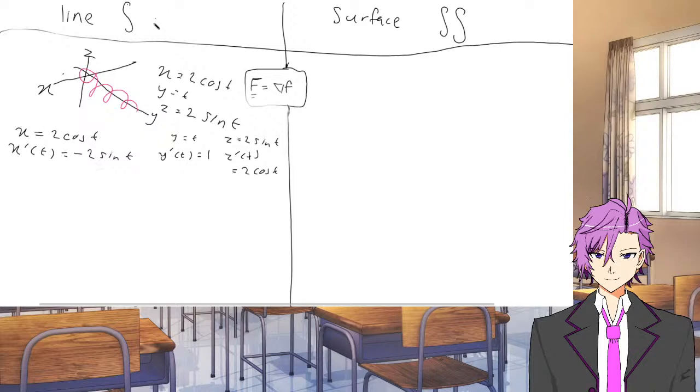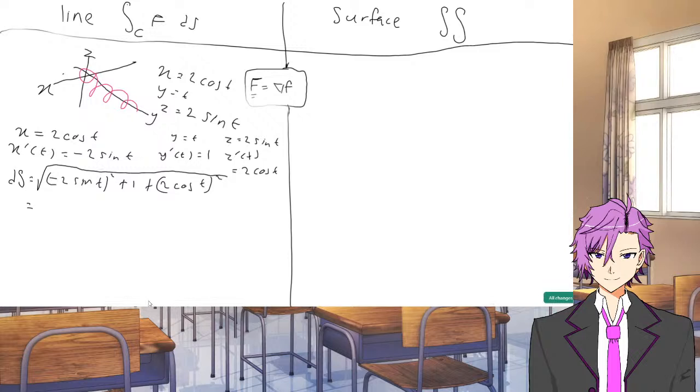So since the line integral is the integral over C of F ds, ds would be the square root of minus 2 sine t squared plus 1 plus 2 cosine t squared, dt.